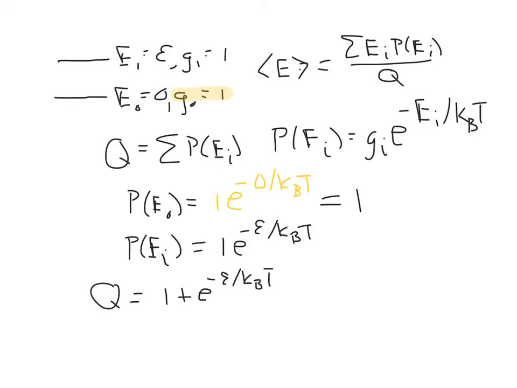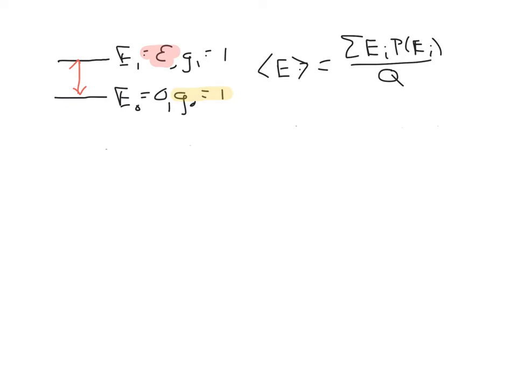And so at any given temperature, if we know the difference in energy levels, so we know what epsilon is equal to, then we can calculate a value for Q. So now our average energy expression is equal to the sum of the energy of each state times the Boltzmann probability of each state, divided by 1 plus e to the minus epsilon divided by kBT.